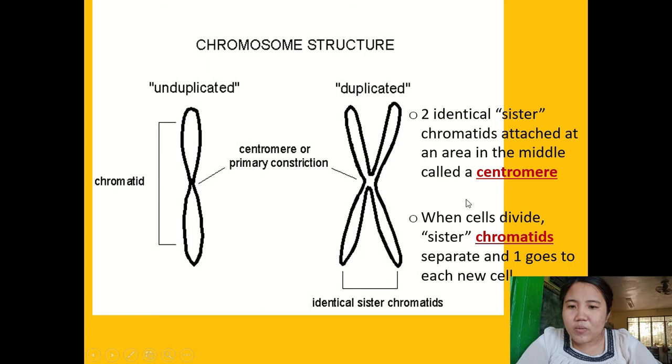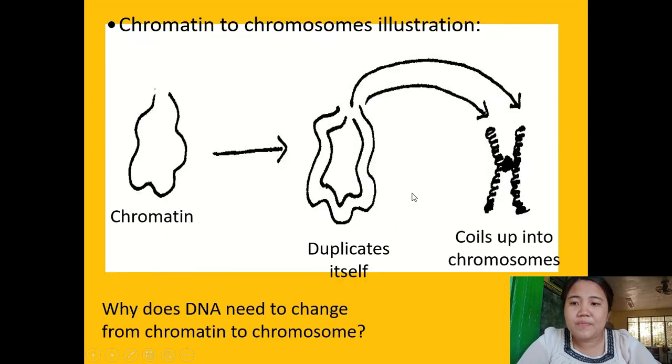When the cell divides, sister chromatids separate and one goes to each cell. So the reason why these are duplicated is that when it undergoes cell division, this will split up, and this part of the chromosome will be received by one daughter cell, and this part will be received by another daughter cell.